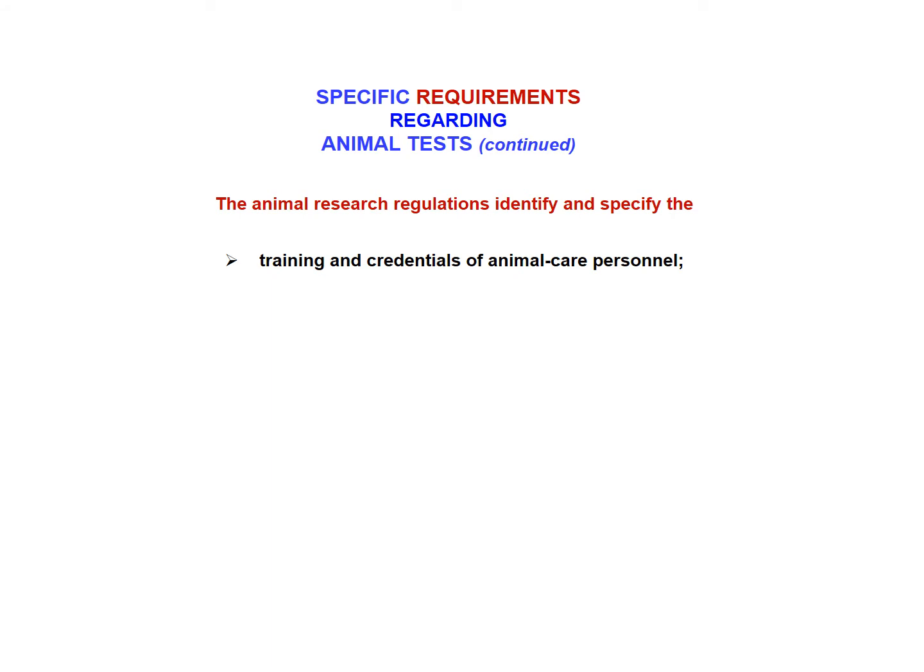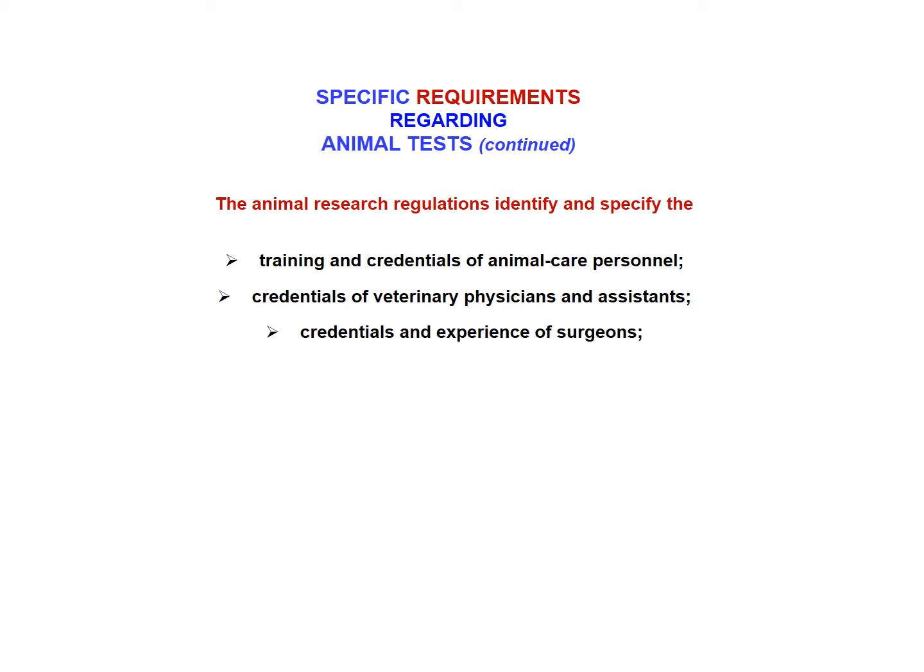In addition to having animal facilities, institutions where research is conducted using animals must also provide information regarding who is running these facilities. The training and credentials of animal care personnel must be provided and approved by the various committees, such as IACUC, committees at NIH, etc. The credentials of veterinary physicians and assistants should also be included and approved.